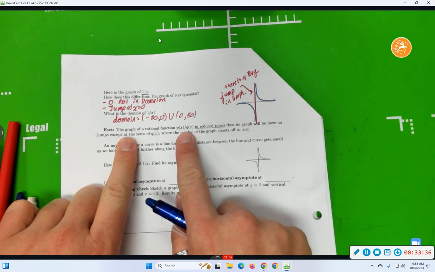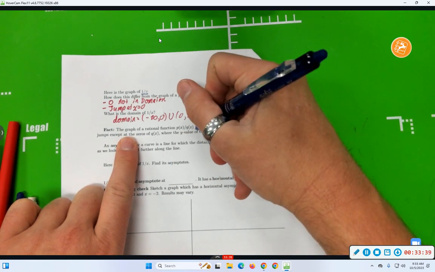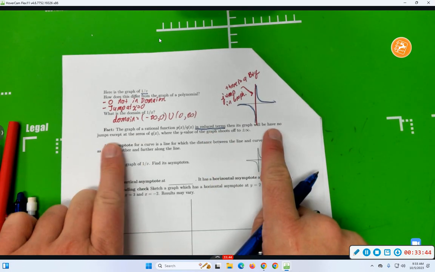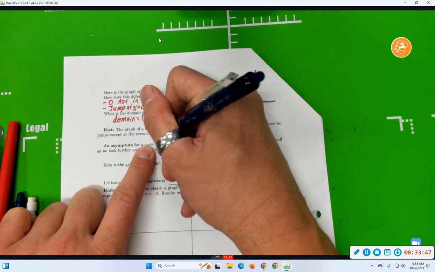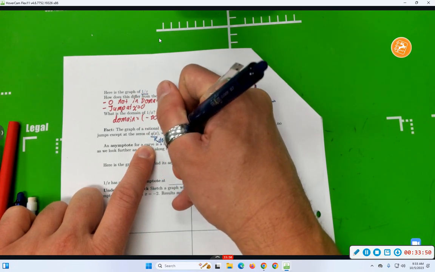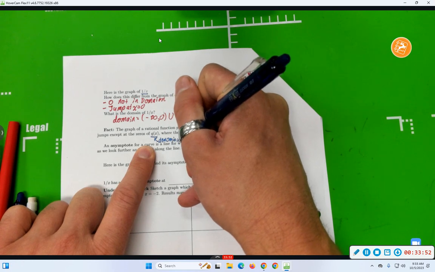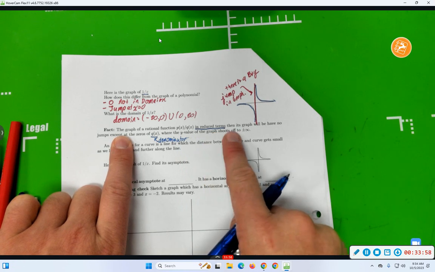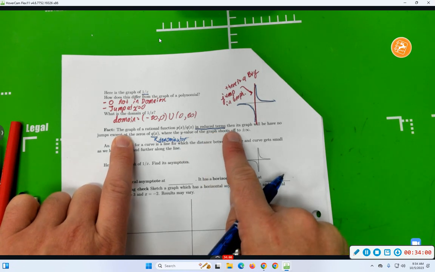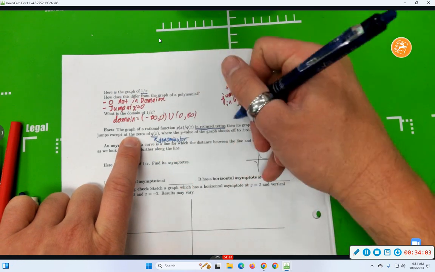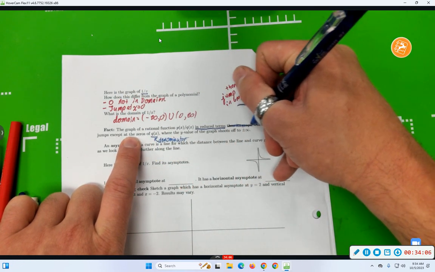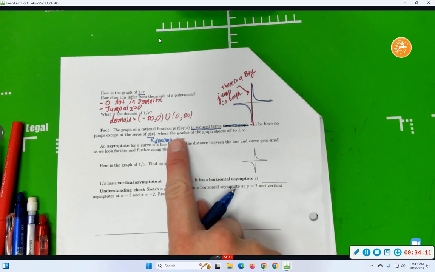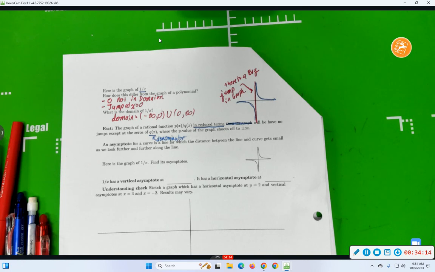The graph of a rational function p of x over q of x, as long as it's in reduced form, will have no jumps except at the zeros of q of x, where the y value on the graph will shoot up to either plus infinity or minus infinity.